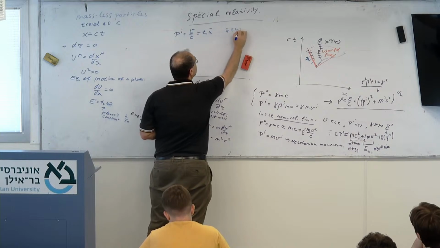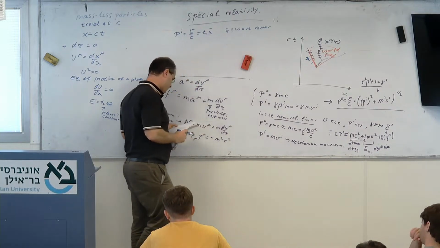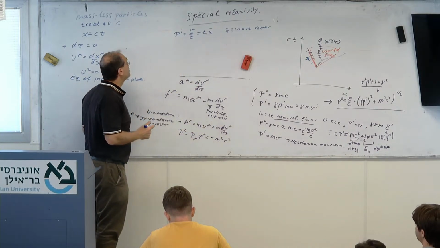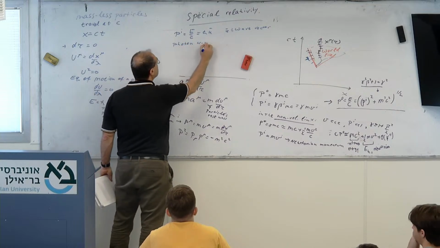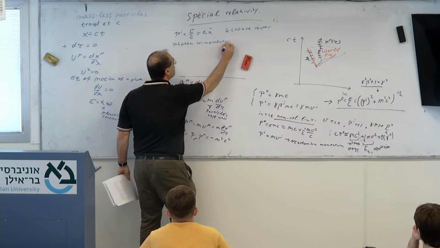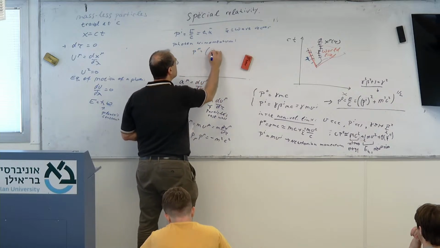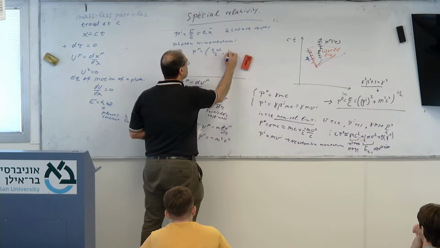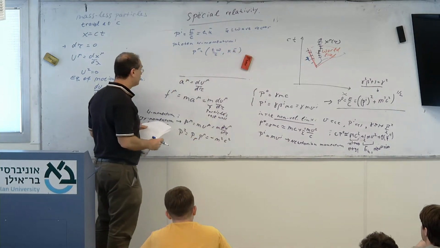Here k is the wave vector. So the photon four-momentum P^mu is h bar omega over c, h bar k.